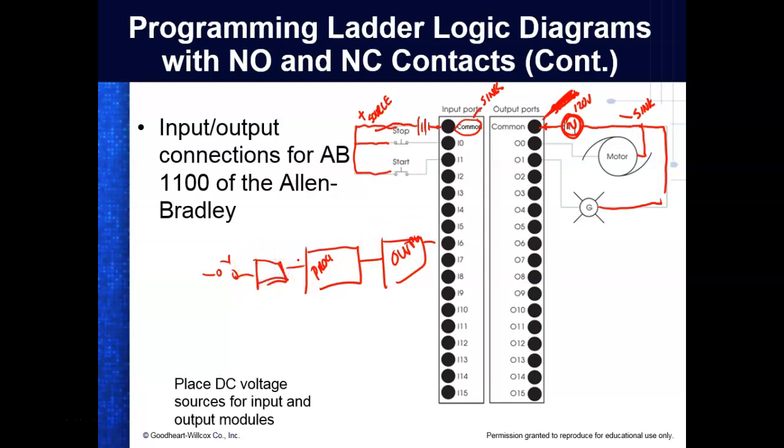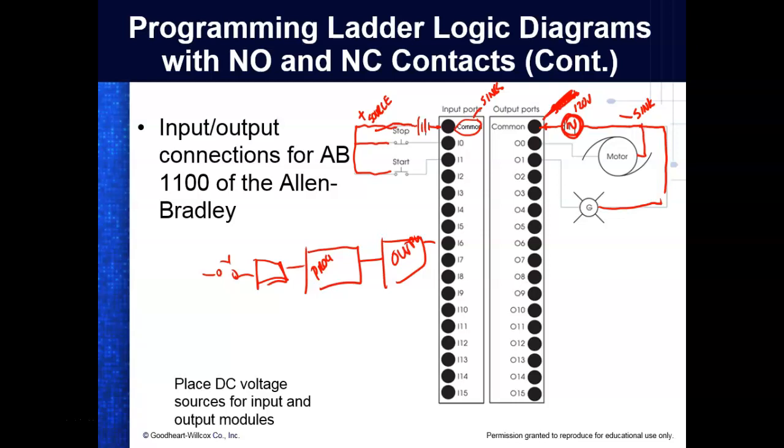So the sequence goes, it starts off with a rung, and it works from left to right. The first thing it's going to do is scan the inputs. Once it scans the inputs, it's going to run through the program, decide what you want to do with the inputs, and then it's going to eventually generate an output. Does that make sense? So that's a scan.